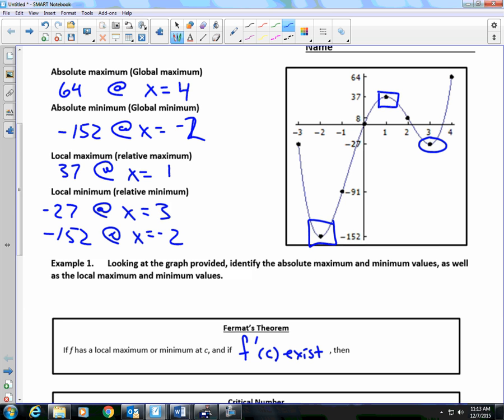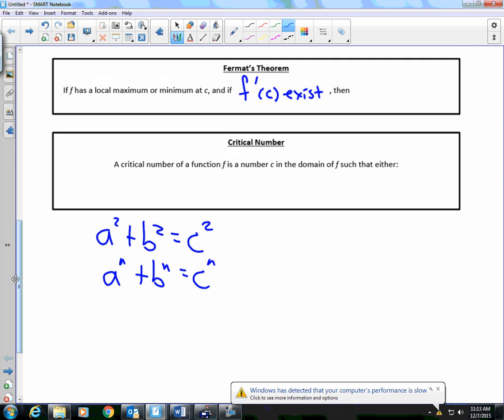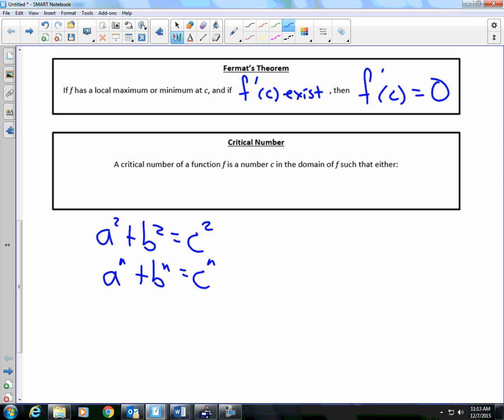Do I have a local max or local min? Then what's true about the derivative at those spots? What else? The derivative is, give me a value, 0. f prime of c is equal to 0.